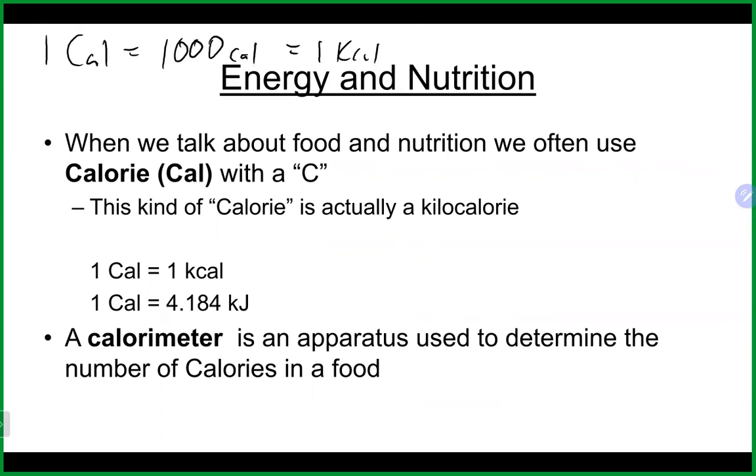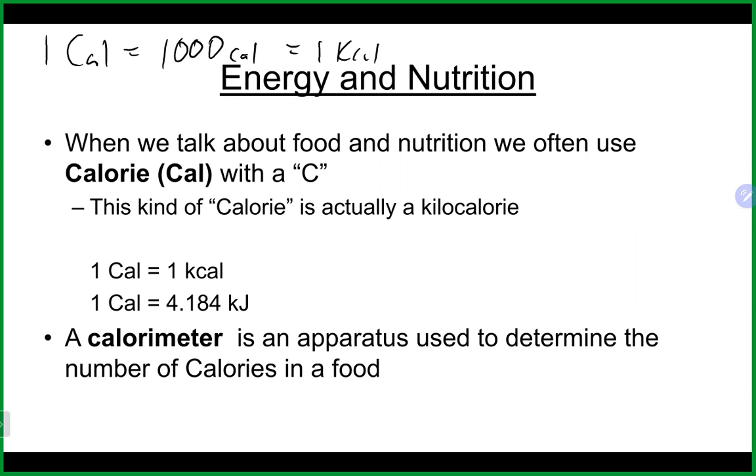It's also sometimes referred to as a nutritional calorie. A calorimeter is an apparatus that's used to determine the number of calories in food. It's basically a device, as we'll see a little picture of it, where you set it on fire, and as it burns, the water temperature changes. So you can figure out how much energy came off from the piece of food and figure out how many calories that piece of food is.